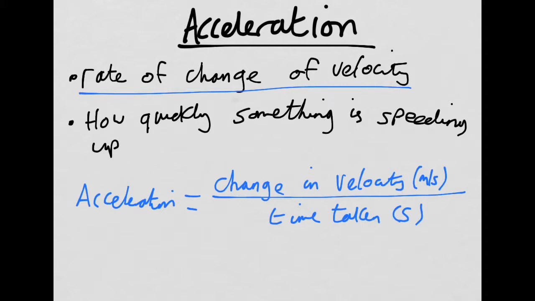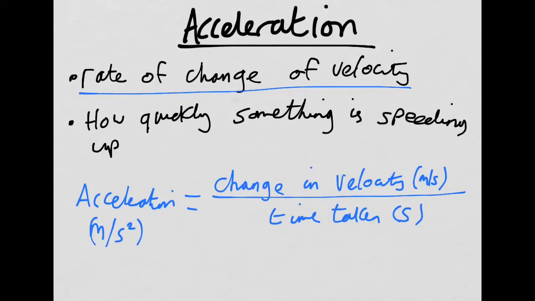If you're taking change in velocity in meters per second and you're dividing it by time in seconds, that's going to give us a unit of meters per second squared.